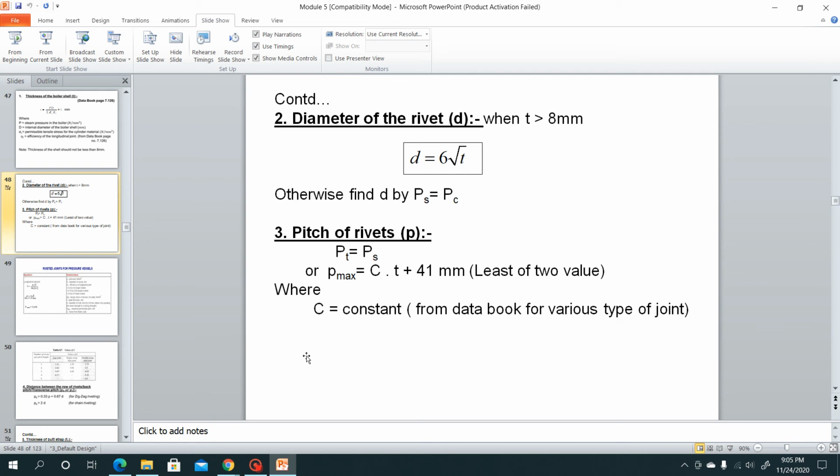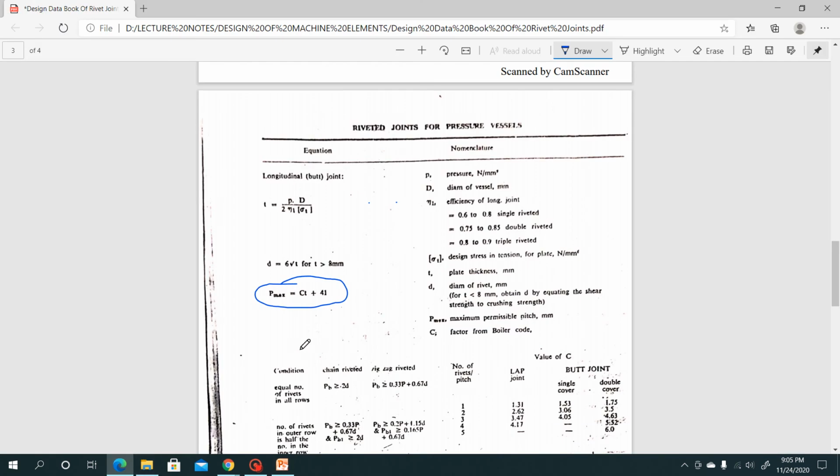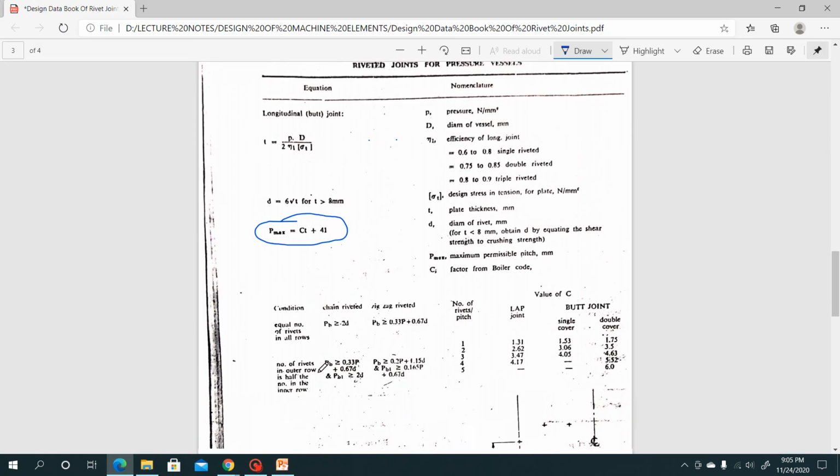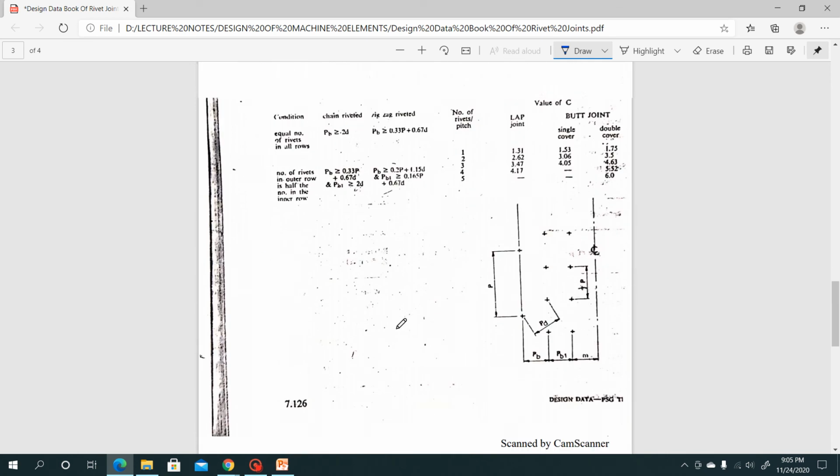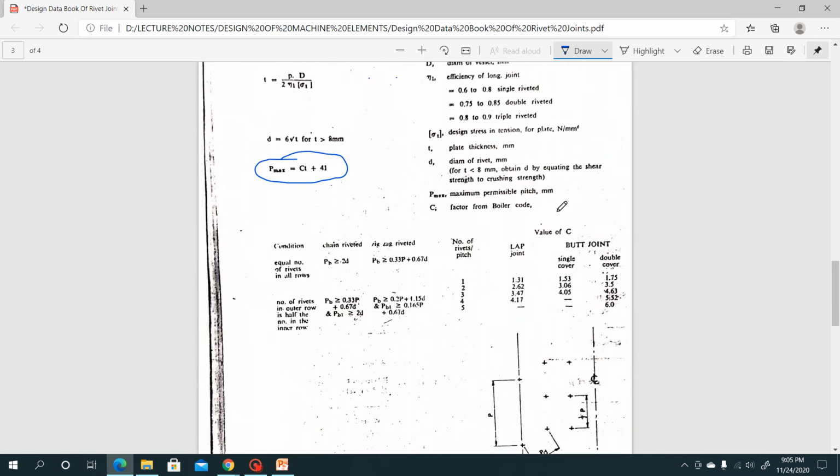Respond. Clear? Okay. Now see, in this expression Pmax is equal to C times of T plus 41 mm. What is C? C is a boiler code constant. For that again I have to go back to my data book. Let us go back. You can see for rivet joint for pressure vessels, page number 7.126, how you can get the value of C from this table.